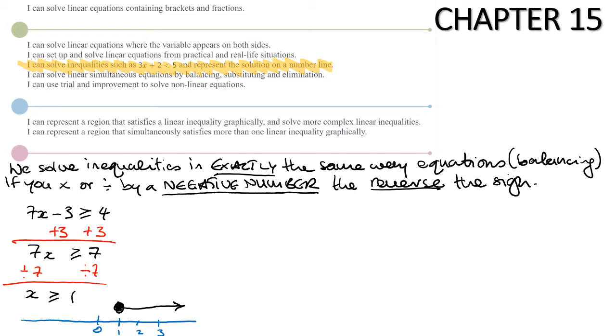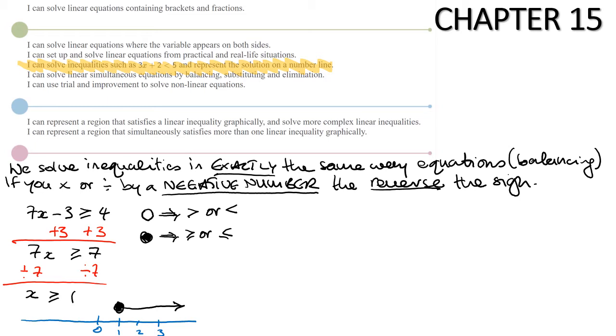Now when we have these types of diagrams, an open circle will be for when we have a greater than or less than symbol in our calculation, and we will have a coloured in circle like this for when we have a greater than or equal to or a less than or equal to. Do you have a coloured in circle?